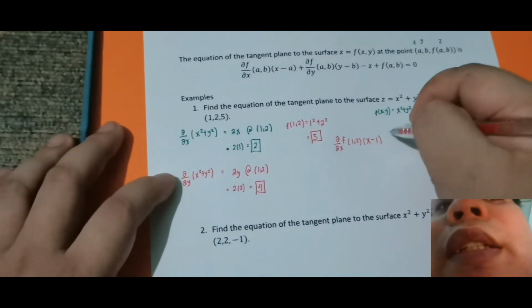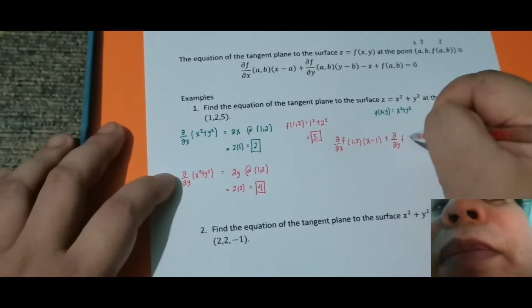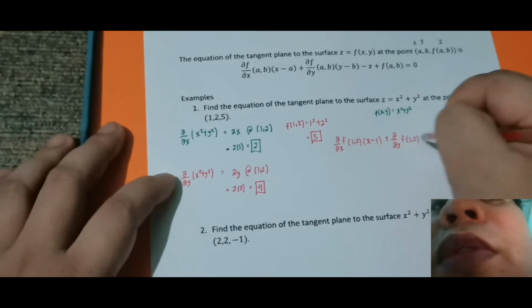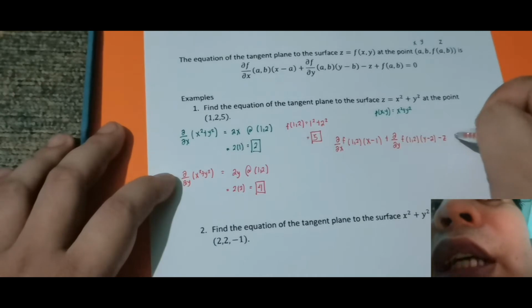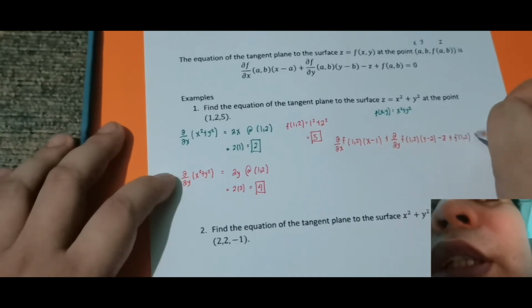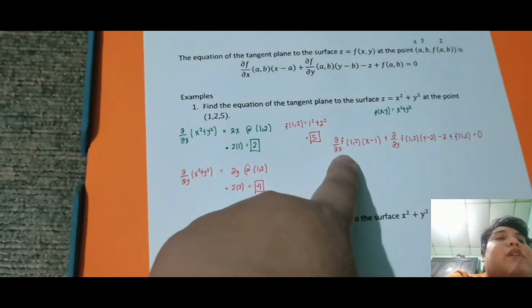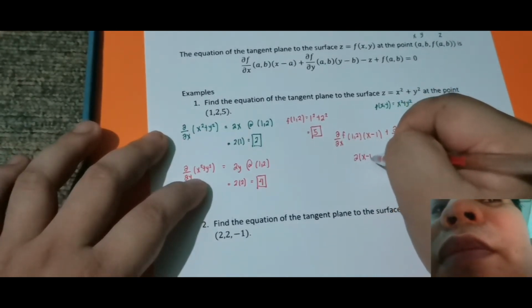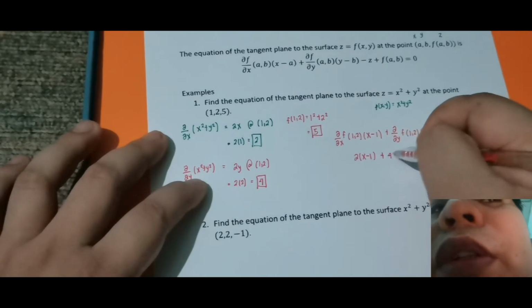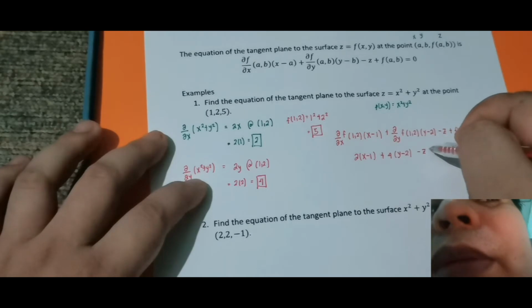Okay, then plus partial derivative with respect sa y nung f of (1, 2) tapos y minus 2 minus z plus f of (1, 2) is equal to 0. Again, equal lagi sa 0. So note that this part is just equal sa 2.